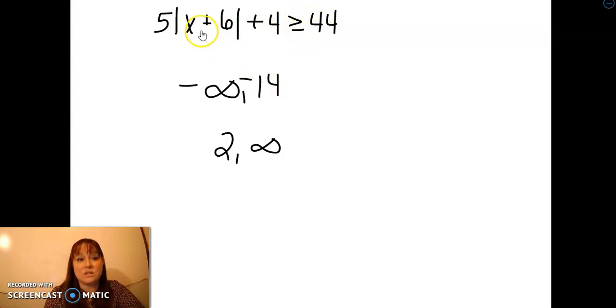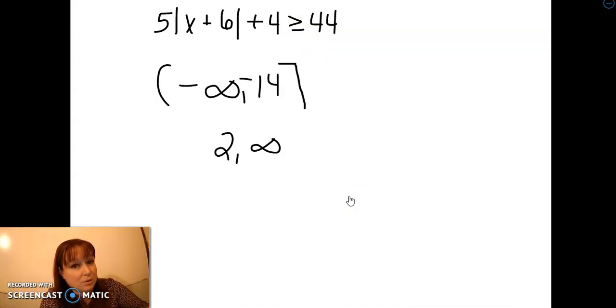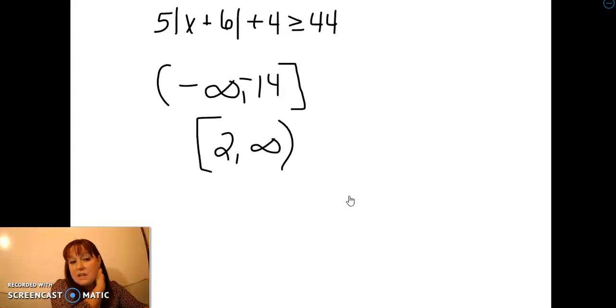If I put negative 14 in here, this function would equal 44, which is one of the conditions of mine. So absolutely. So I'm going to go from negative infinity to negative 14. And remember, I'm going to use a closed bracket for that because that means I include negative 14. And the same thing, I'm going to include 2 all the way to infinity because at 2, this is also equal to 44, which is what I want.